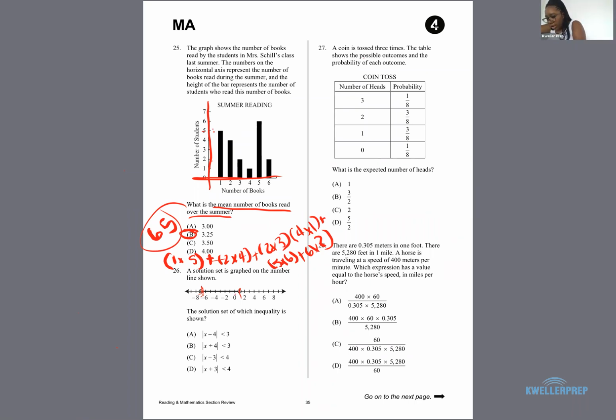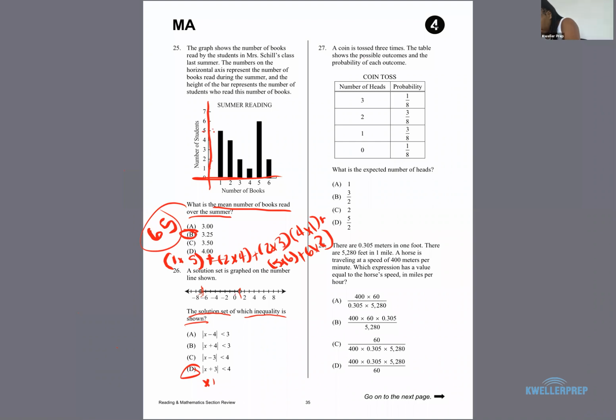So the solution set of which inequality is shown? This one is quite tedious, you just have to go through and solve. In this case, the answer is D, but we'll do it out anyways.